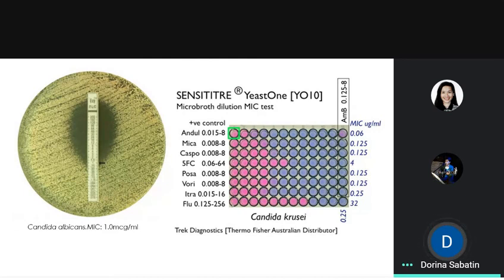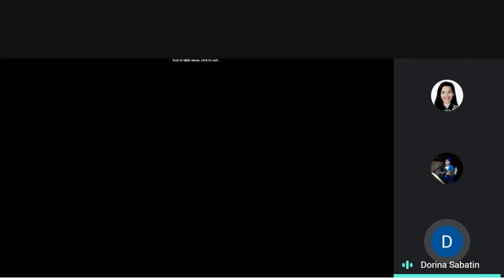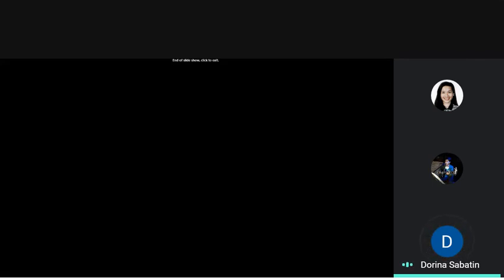That is the minimum inhibitory concentration for Candida albicans. I can't remember the antibiotic codes, the FLC. Oh, antifungal, actually.